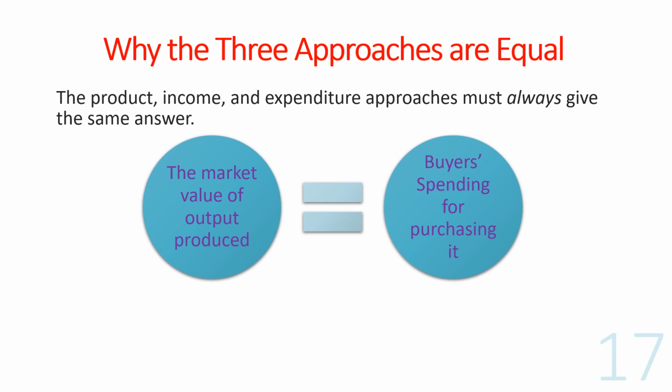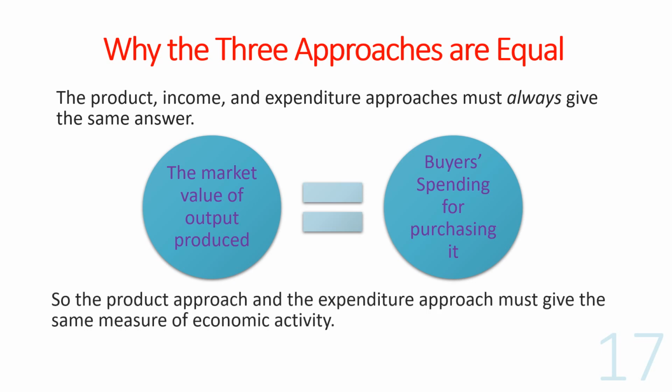So, the product approach, which measures the market value of goods produced, and the expenditure approach, which measures the spendings, must give the same measure of economic activity.